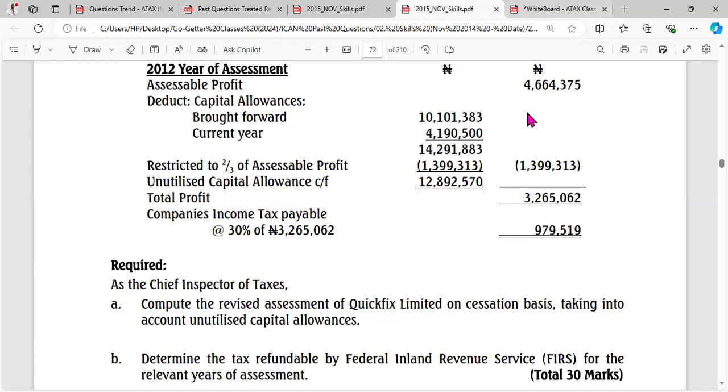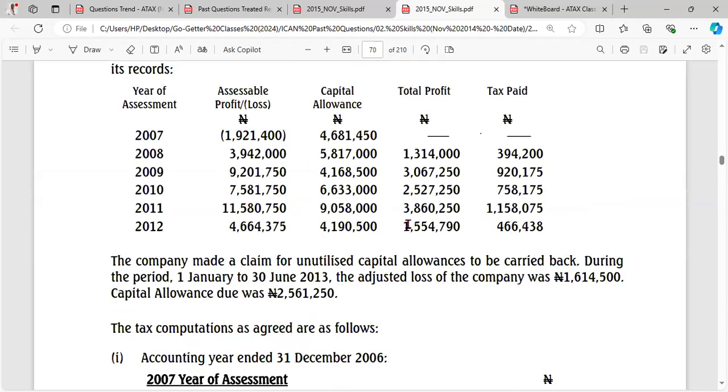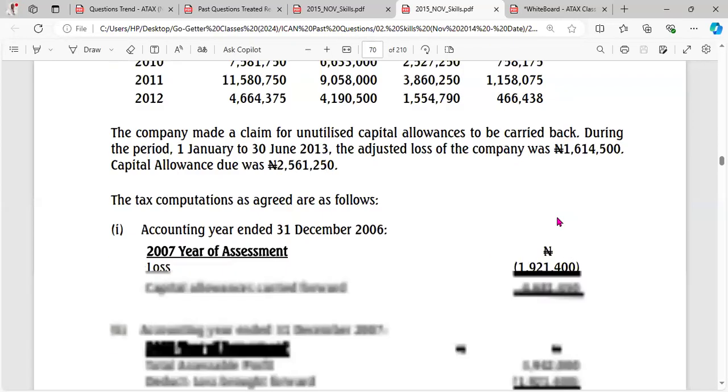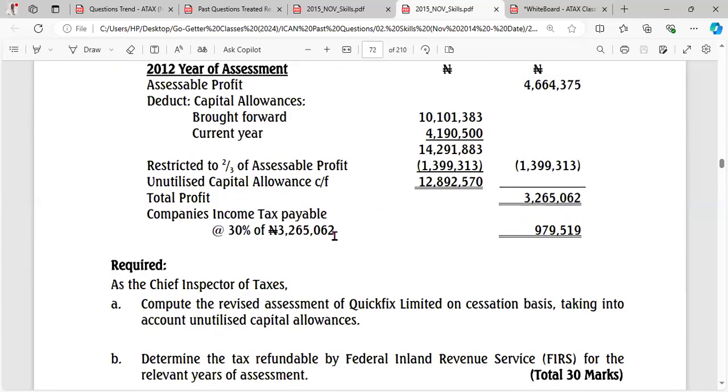Now, hold on a moment. Let me take this one up here. Total profit, let's check something here. Total profit was here, 155. And tax paid is 466,343. That is what they claim from their record. But look at this. Tax payable was this. So this is what we'll be taking.